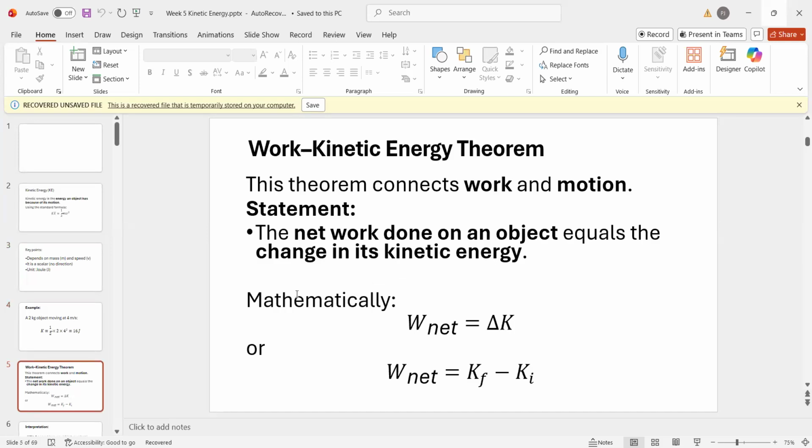So we call something the work-kinetic energy theorem. This theorem basically connects work and motion. In physics, we define work as only when the force moves through a distance.